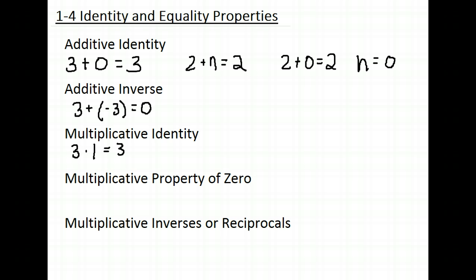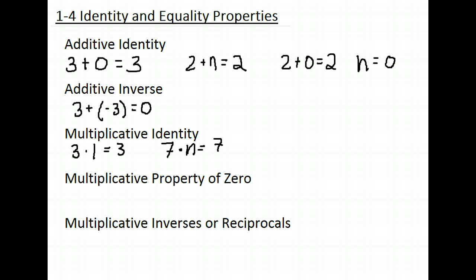So that's the multiplicative identity. So if we have an equation, something like 7 times n equals 7, we know the solution to this equation is 1. And the solution being the value that we can substitute in for n to make this statement true.